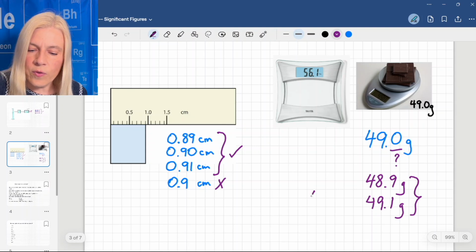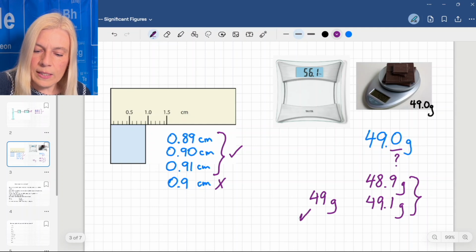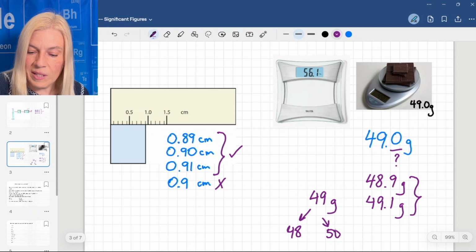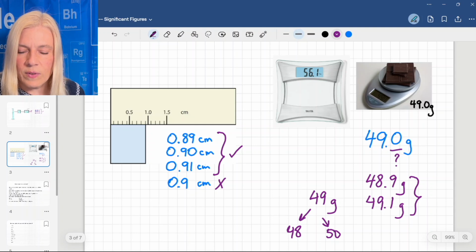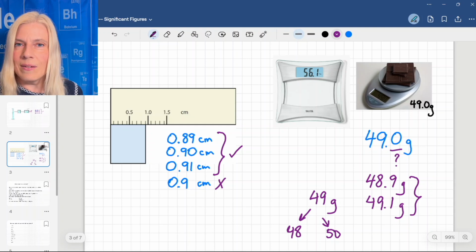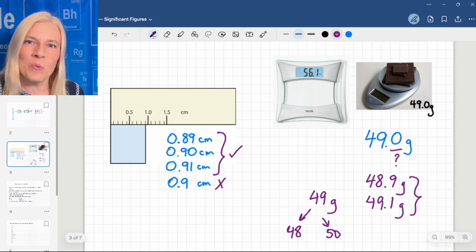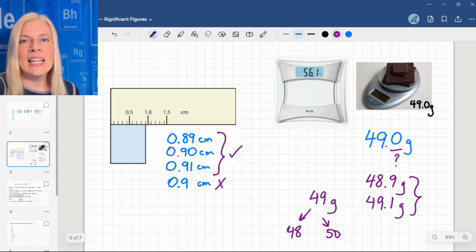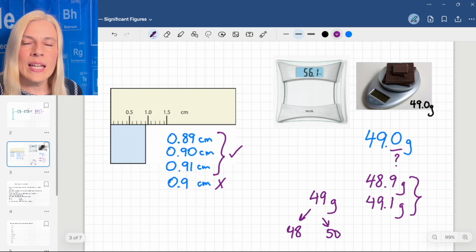If you just put 49 grams in your lab notebook, that means it can be 48 or maybe 50 grams. We will deal with the zeros at the end. So please make sure you put down what your scale says. Please make sure you put down that 0.0. It's important.